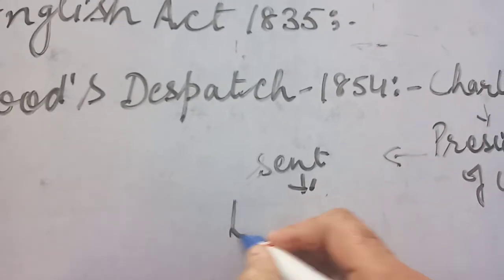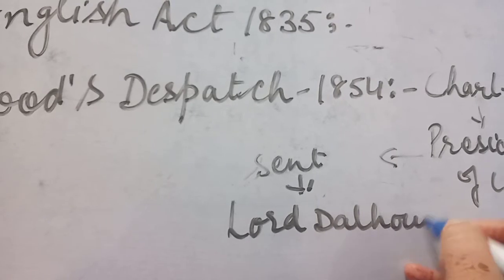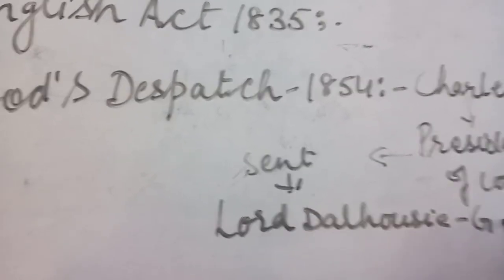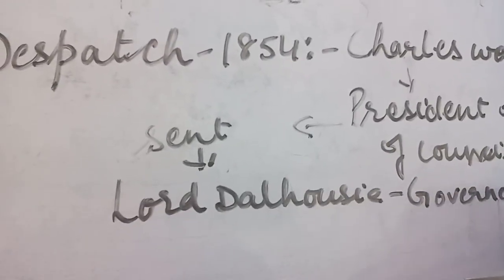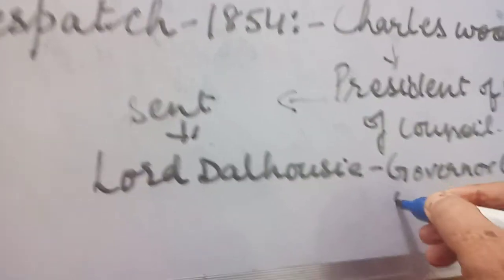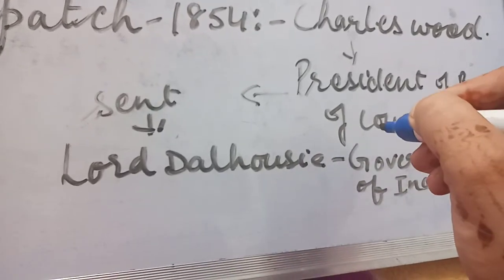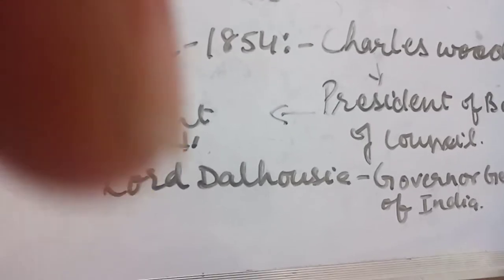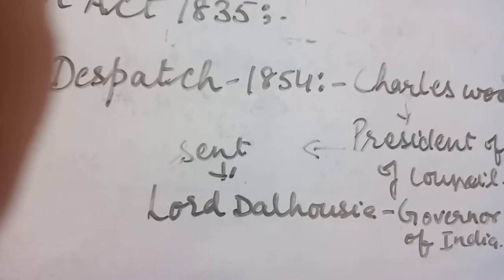Lord Dalhousie, Governor General of India at that time. What was recommended? An education department was to be established in every province.